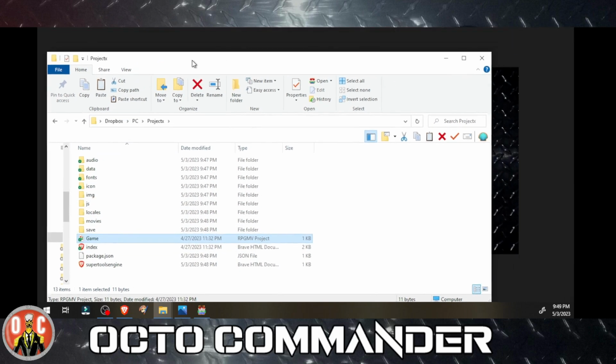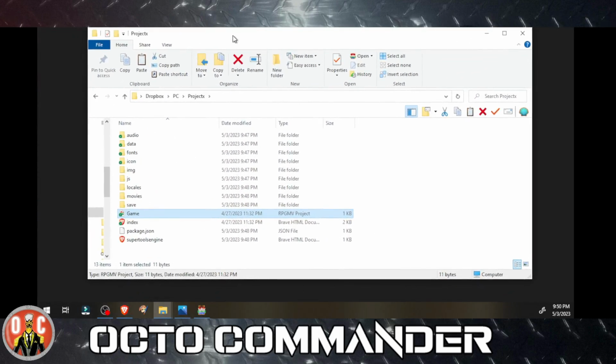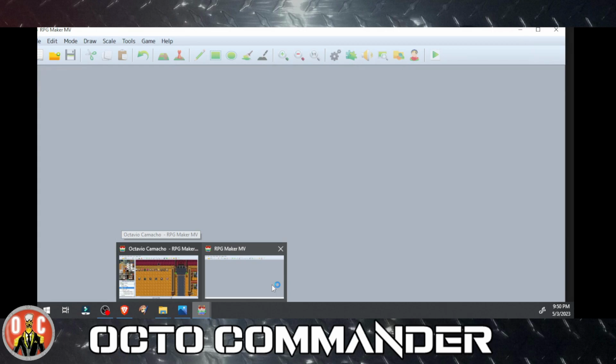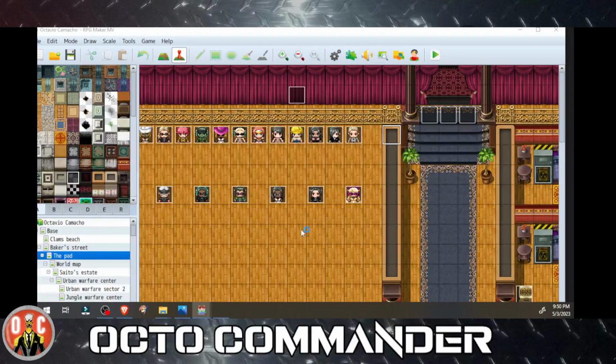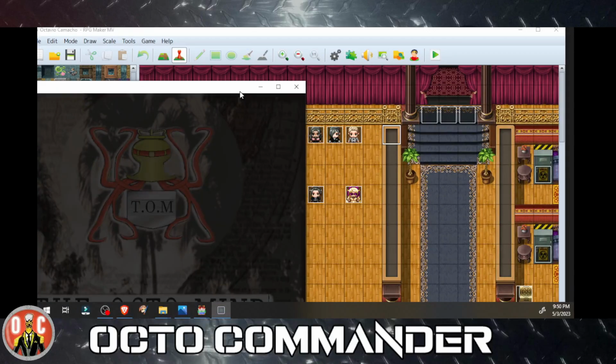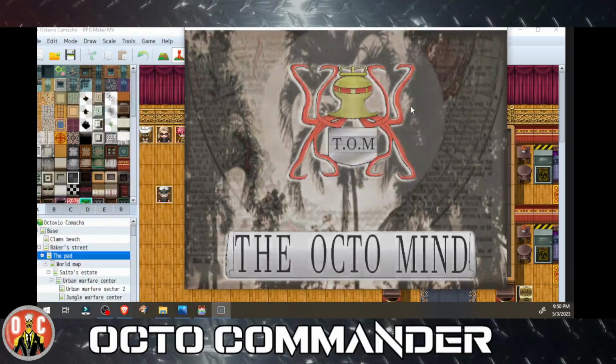I think I know what's going on. I think I exactly know what's going on. Why that happened was that the saved information must have been from a file that did not have those plugins.